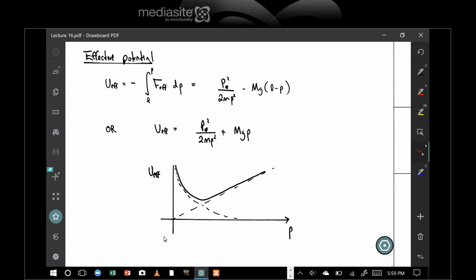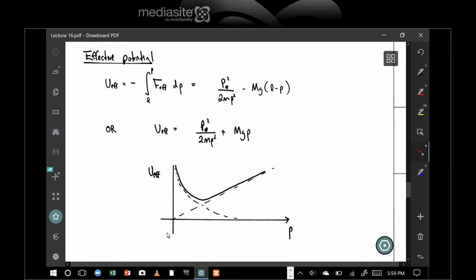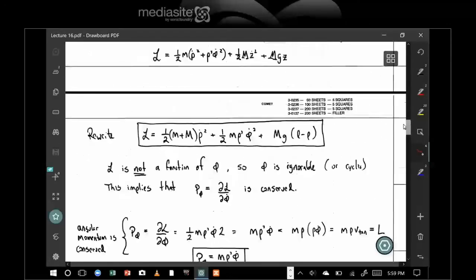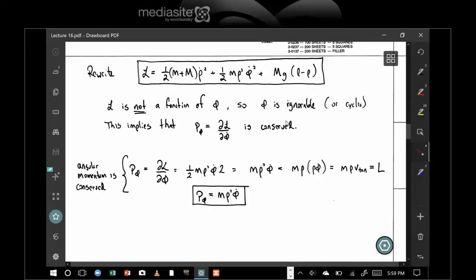We're going to do many problems kind of like this. But what's new in this particular problem? Let me summarize. One of the main things is that this Lagrangian has no phi. That must mean that phi is a cyclic variable, or ignorable.